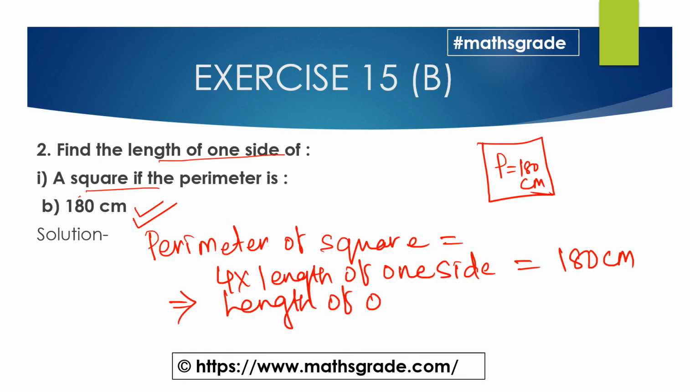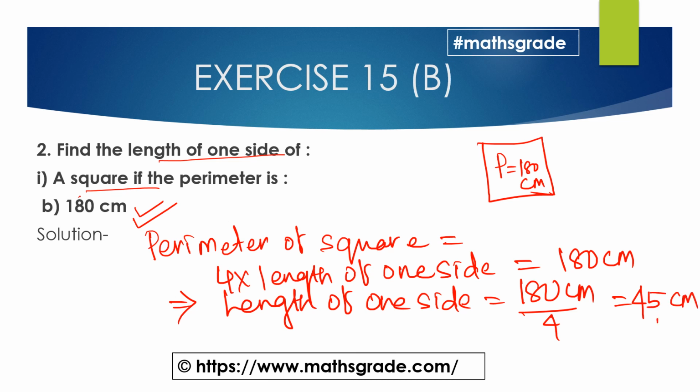So length of one side will be 180 centimeter divided by 4, which is equal to 45 centimeter, since 4 4s are 16, 20, 4 5s are 20. So the length of one side of the square is 45 centimeter.